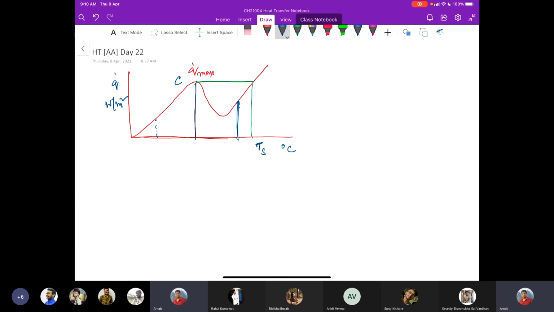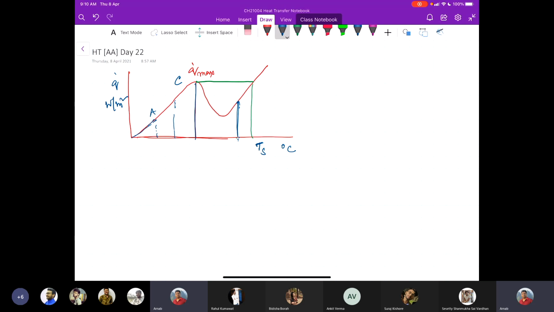the natural convection boiling would be there, and then there would be a region where we have a bubble that would collapse in the liquid, and nucleate boiling basically occurs. So till this part, point A, we have some natural convection boiling.